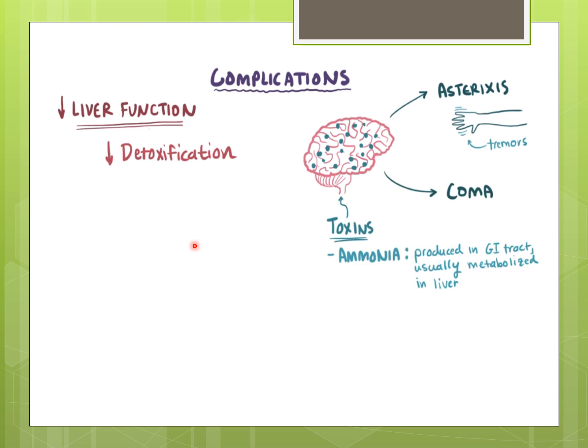But if it is not detoxified, it goes into the circulation, into the brain. It produces hepatic coma and it produces asterixis. Asterixis means tremors of the hand. There are different types of tremors you must have done in mind and movement. So one specific tremor of hepatic coma is asterixis.